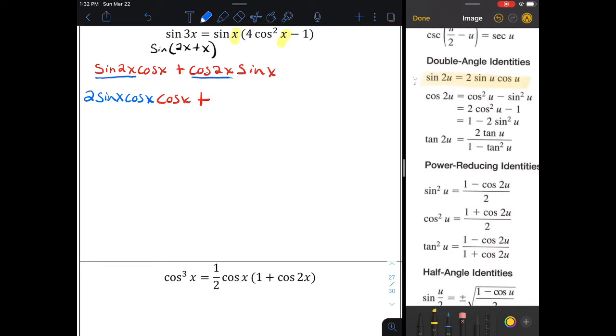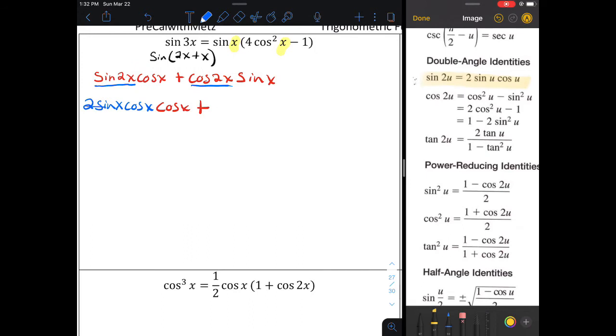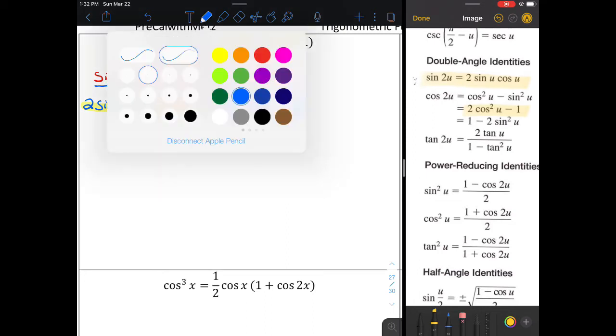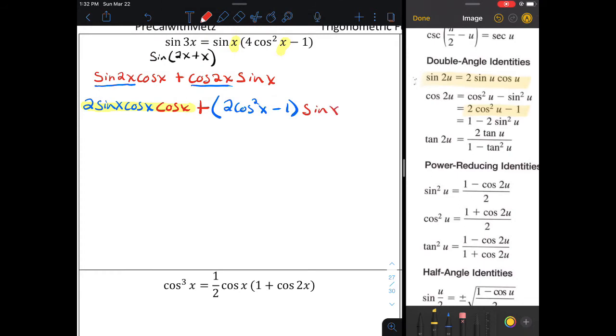Looking at what I already have, 2 sine x cosine x cosine x, I really have 2 sine x cosine squared x, and I need to wind up making 4 of them. So I could make 4 of them if I chose the cosine double angle formula that was 2 cosine squared x minus 1. So I'm going to go with that one: 2 cosine squared x minus 1, times sine of x.